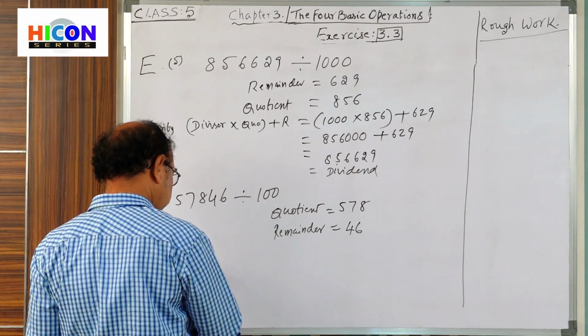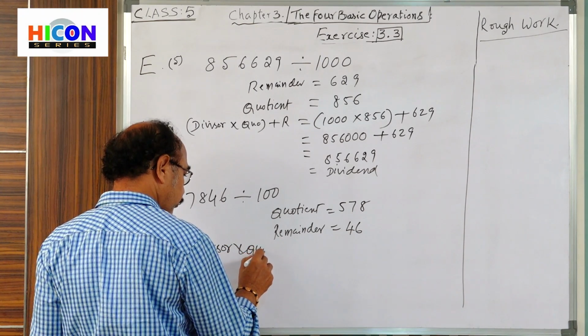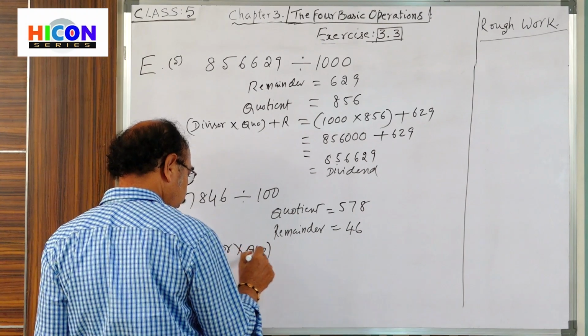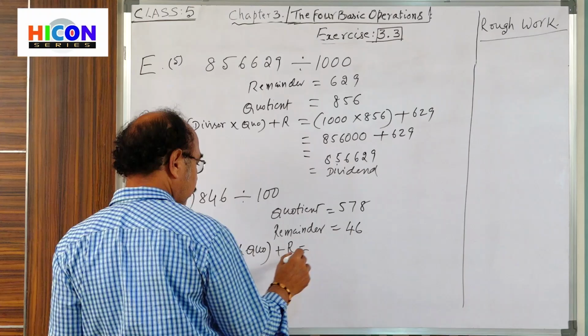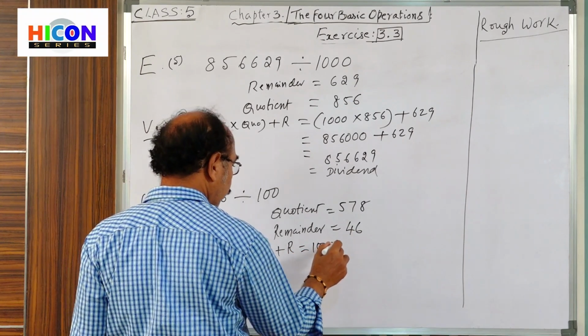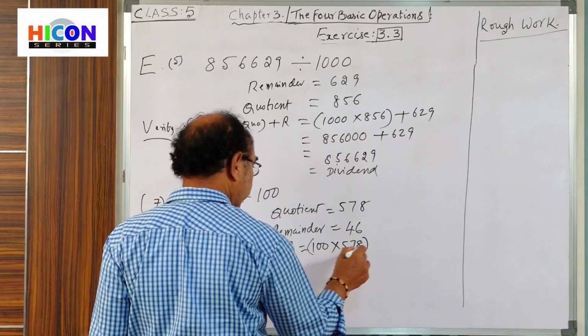Divisor into quotient plus remainder. What is the divisor? 100. What is the quotient? 578. What is the remainder? 46.